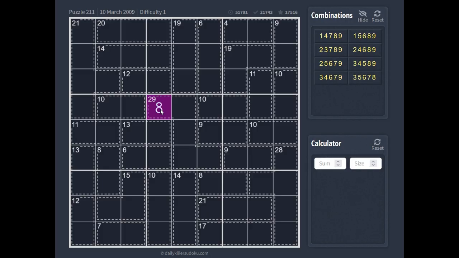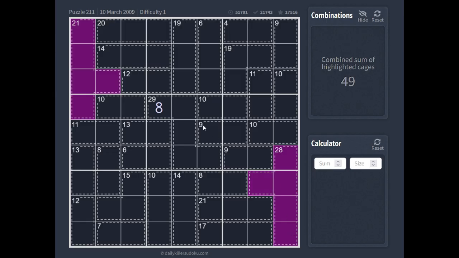Another thing about this puzzle is it is symmetric. You can see that this shape and this shape are the same across this cell here. So it's sort of the origin of the puzzle, if you will. Row 5, column 5 is the center of the puzzle. If you took a snapshot of this and then spun it, you'd find that those shapes are exactly the same. And now you'd have a 21 upside down here and a 28 upside down here, but they would be the same shape.